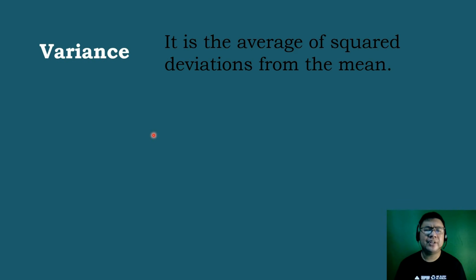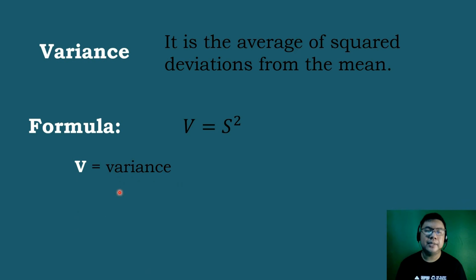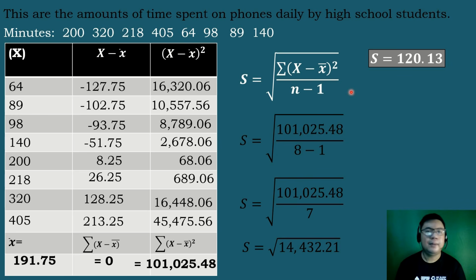So to compute for the variance, we will just square the standard deviation. The formula of the variance is V equals S squared, wherein V is equal to the variance and S is equal to the standard deviation. So using the problem about standard deviation, we have computed earlier that the standard deviation is equal to 120.13.